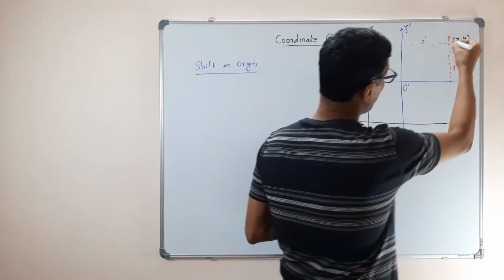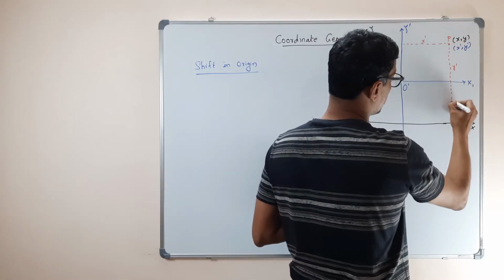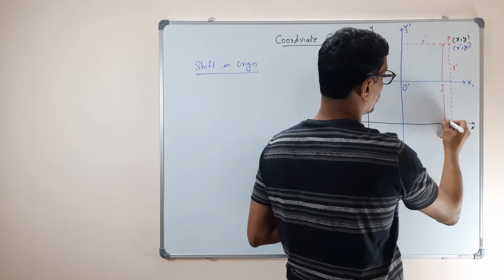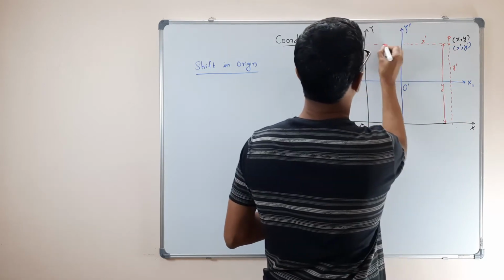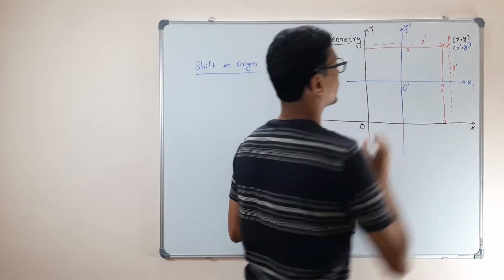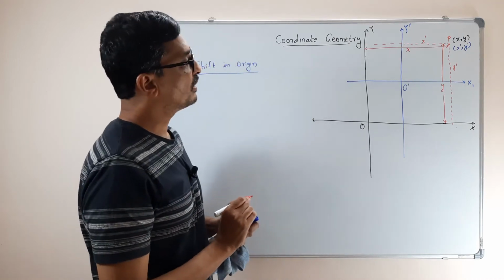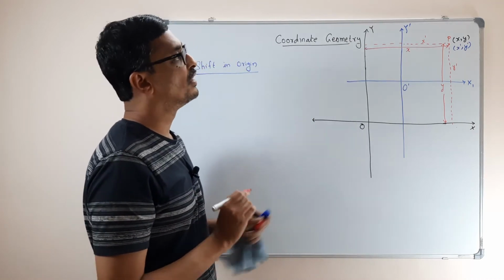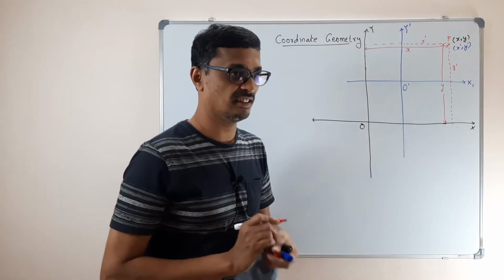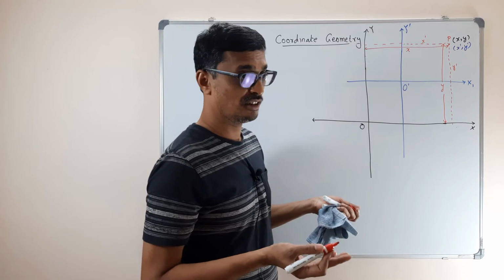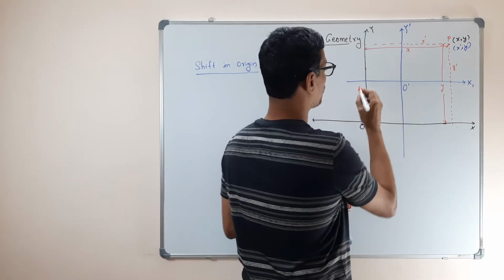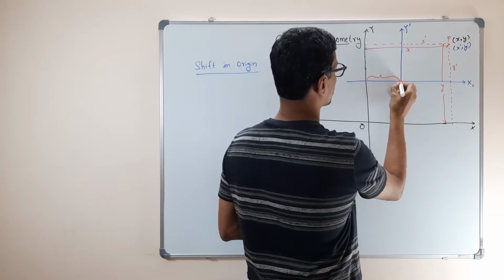This is what was measured by your friend, correct? And now you have measured x, y, that means this distance is y and this distance is x, correct? Now you want to know how x, x prime and y prime are connected. It is simple, right? How do you find it out? You need to know this distance. Let us call this distance h.